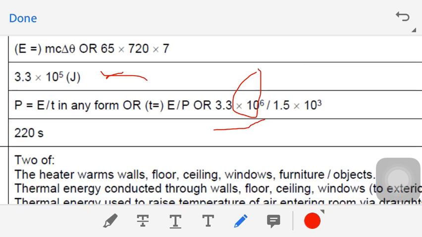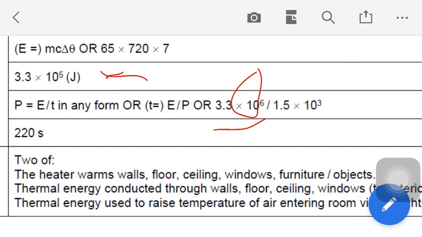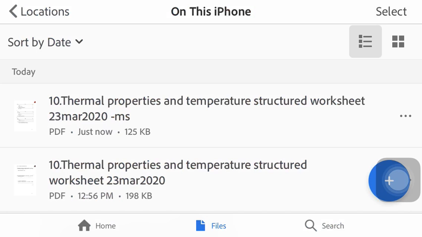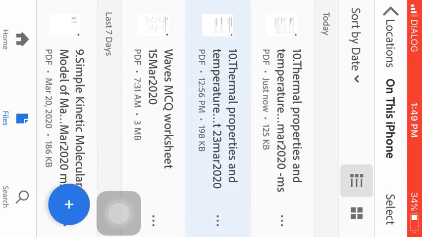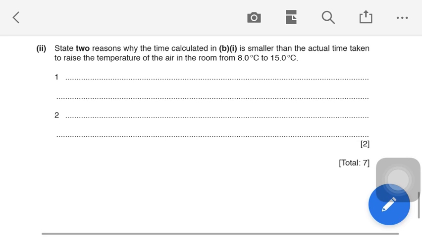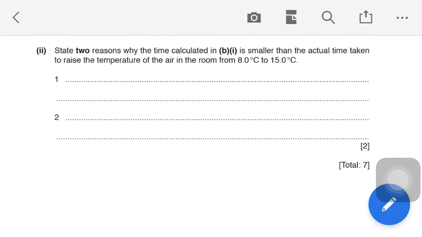Now the next part of the question: state 2 reasons why the time calculated in B(i) is smaller than the actual time to raise the temperature of the air in the room from 8 to 15 degrees.